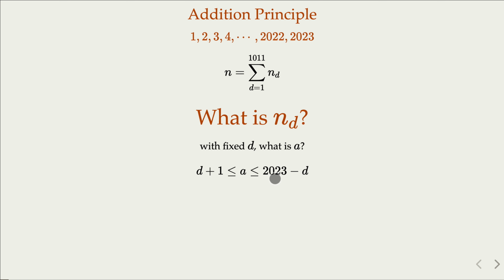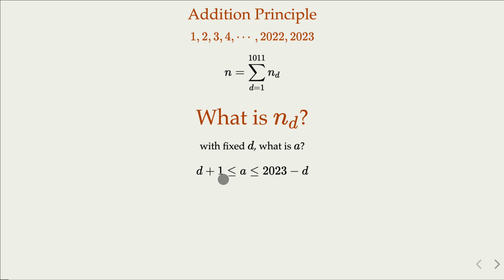Notice that when d is very big, when d is 1011, the 2 endpoints are fixed, so a can only take 1 value in that case, that is 1012. When d is a very small value, for example the minimum value 1, a has many choices, from 2 up to 2022.